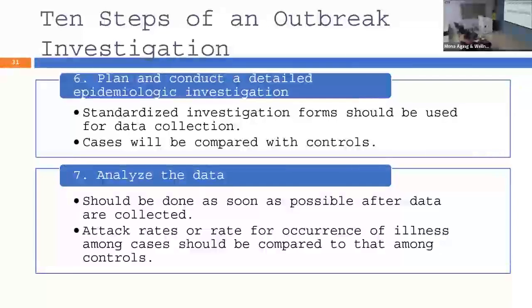Okay. We analyze the data, so that should be done as soon as possible. And it's a daily analysis, not, as I say, complex analysis, but how many cases we have, male, female ratio, what we report on, how many in each parish, so time, place, and person, attack rates, and I will go into how we do the calculation.